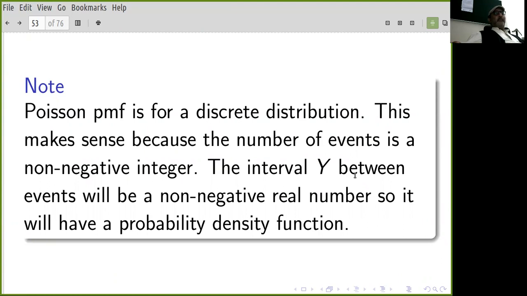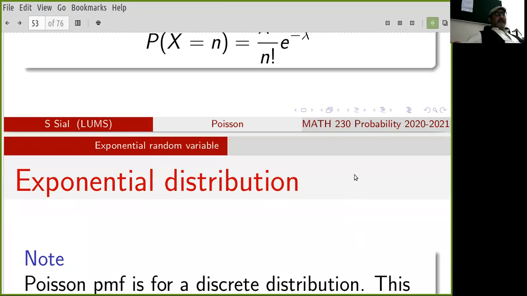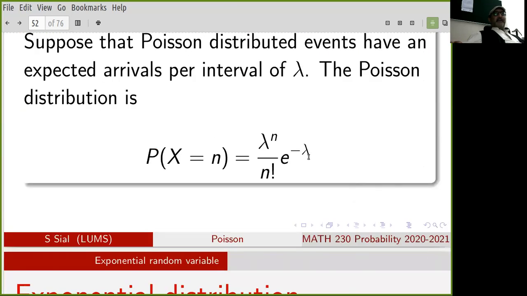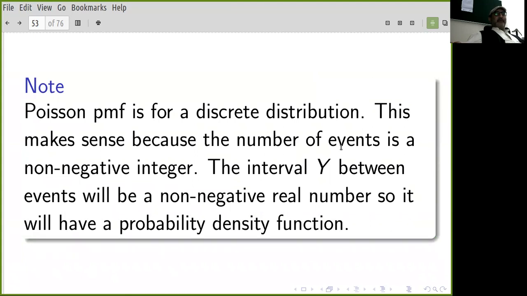The interval y between events. So if this is events per hour, then y will be hours between Poisson events occurring. So the interval y between events will be a non-negative real number, right?